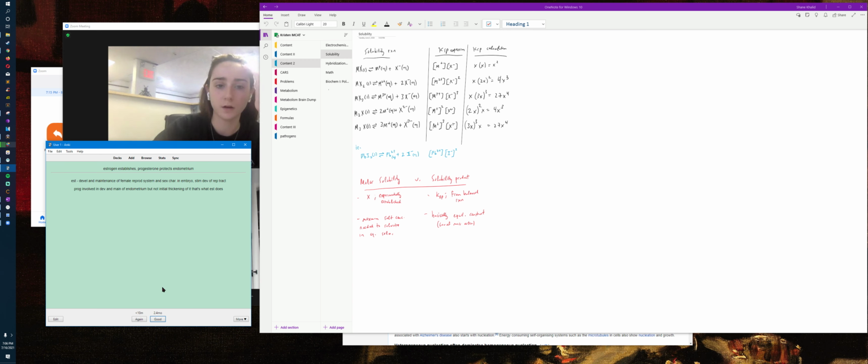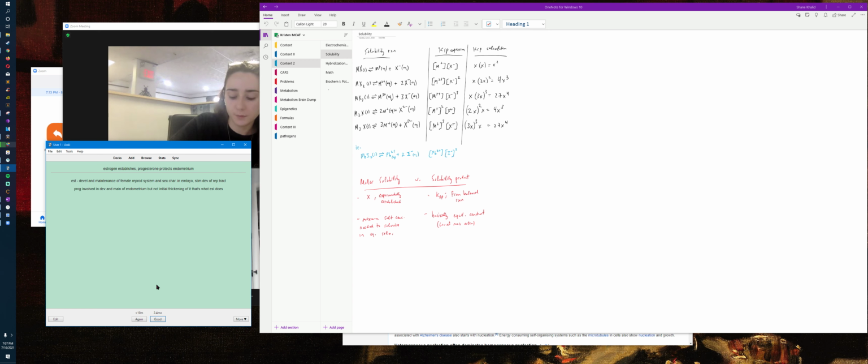I know there's certain things you don't use. You don't use anything unless it's aqueous, because solubility is basically something that is soluble in water. So it'll be aqueous.